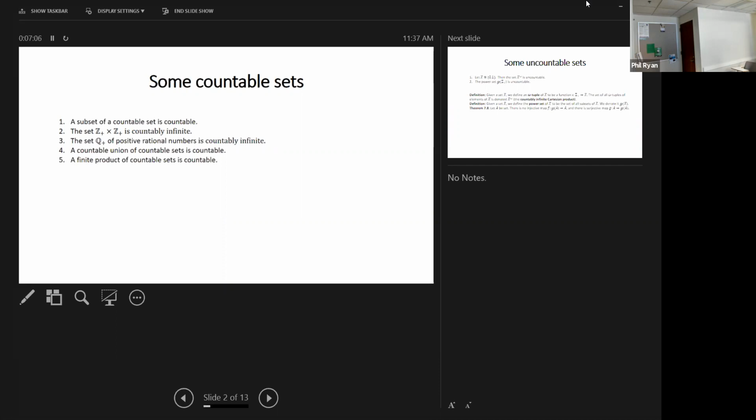And since we know that Z plus cross Z plus is countably infinite, we know we have a surjection there. So by composing these two maps, we get a surjection from Z plus onto Q plus.